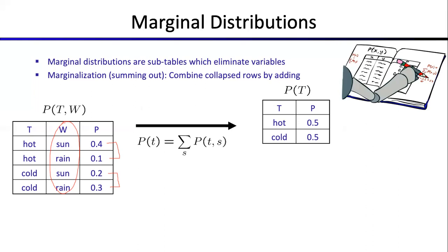Marginal distribution for PW. सर इसमें सन और रेन आ जाएगा. सन और रेन आ जाएगा और उनकी वैल्यूज क्या आएंगी? सन की होगी 0.4 प्लस 0.2. विच इज 0.6 और रेन की आ जाएगी 0.4.